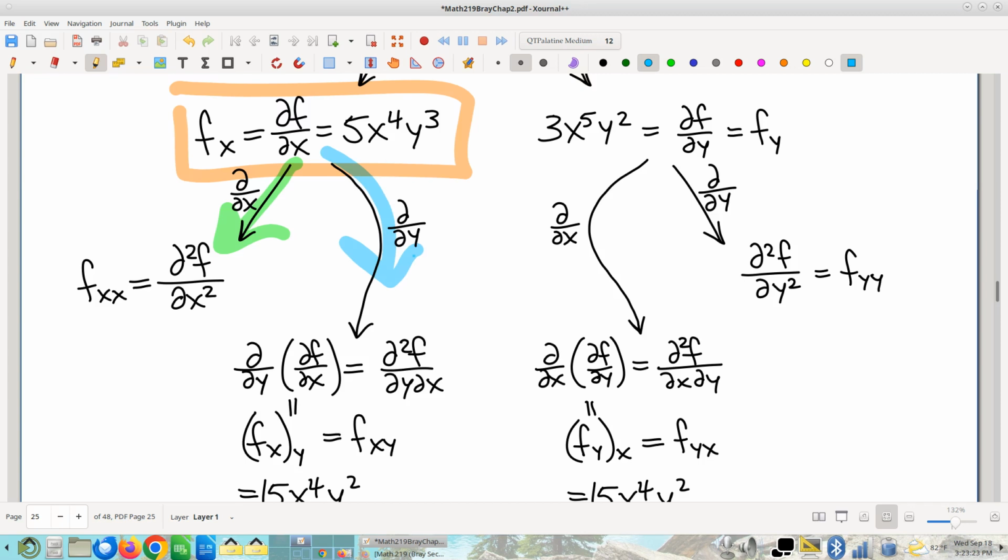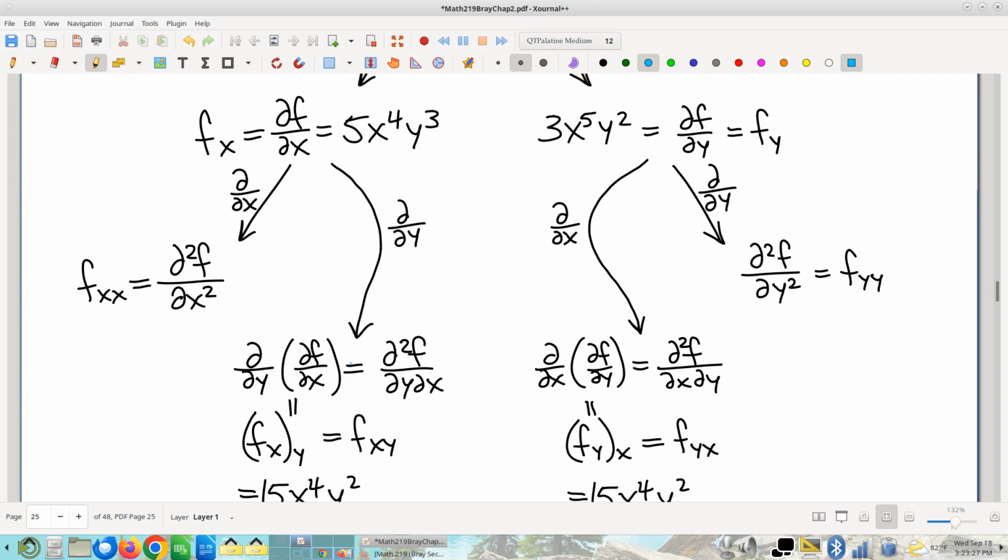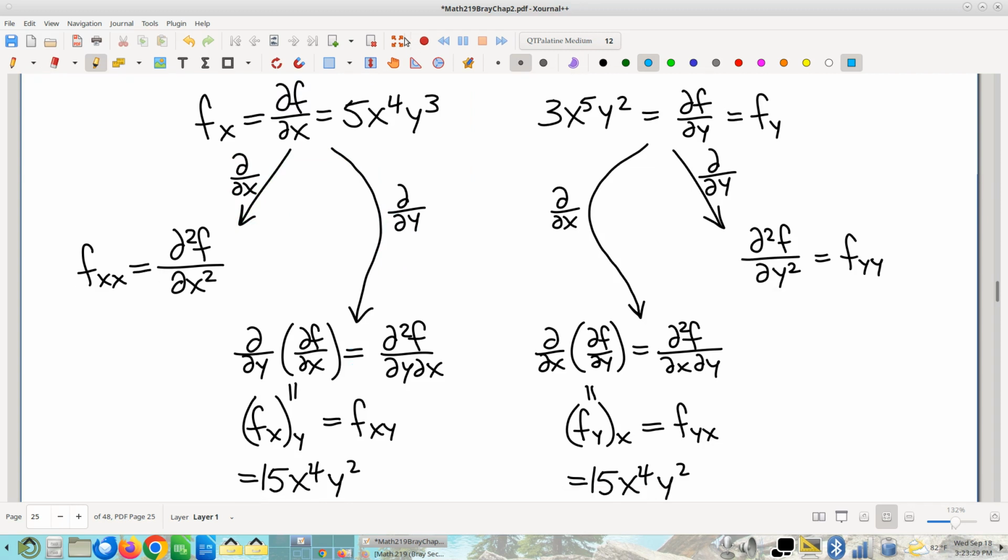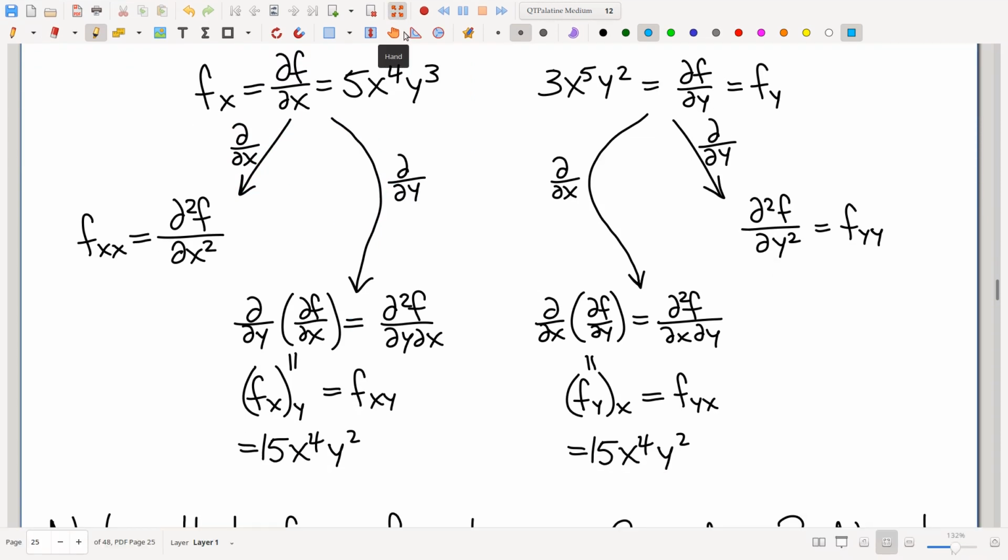The notations are a little bit worthy of comment here, just because there's a seeming backwardsness to this notation. So let's take this very carefully. Starting with the X partial, you can see I've got the X partial as a sort of a starting point for these notations.